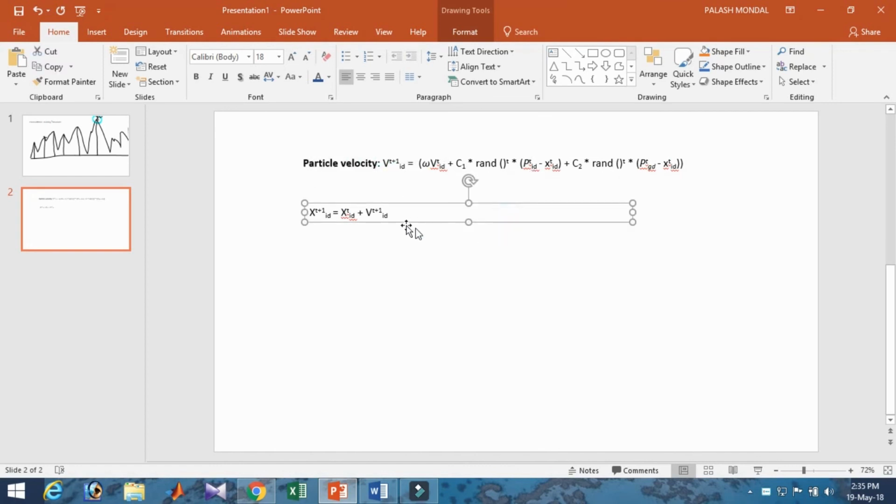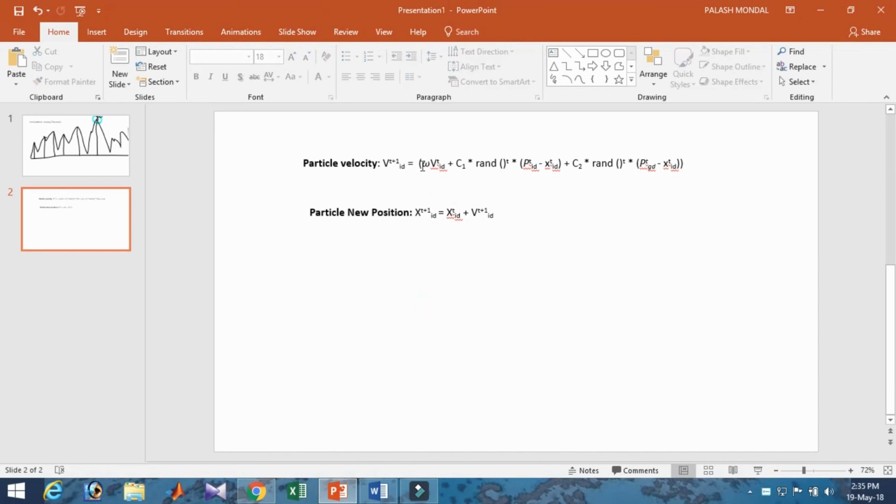Now after getting the particle velocity, this equation describes the particle's new position. How?